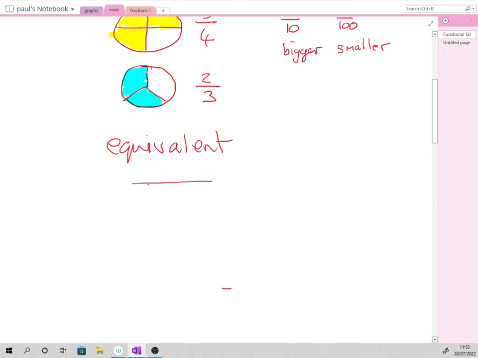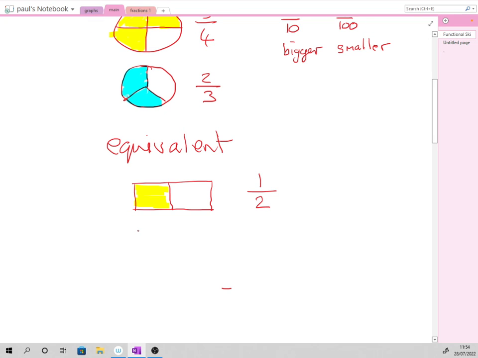So if we have this one here, and I'll divide that up into 2 parts, the denominator is 2, so they're halves. Let's have 1/2. So 1/2 would be represented like that.